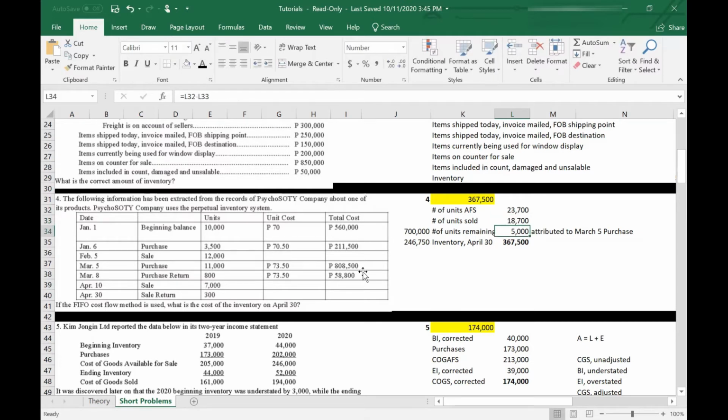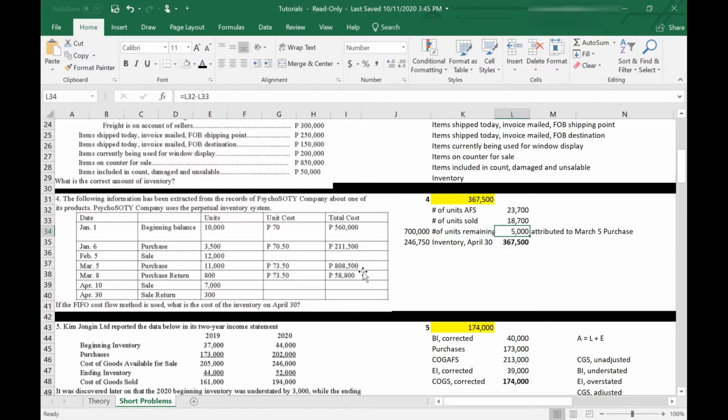Therefore, the units available for sale minus the number of units sold would be equal to the number of units remaining, and this amount would refer to your ending inventory. So when you check, your ending inventory consists of 5,000 units. But since you're using the first in, first out, unang pumasok, unang nabenta. Therefore, yung hindi mo nabenta, it refers to your last purchases.